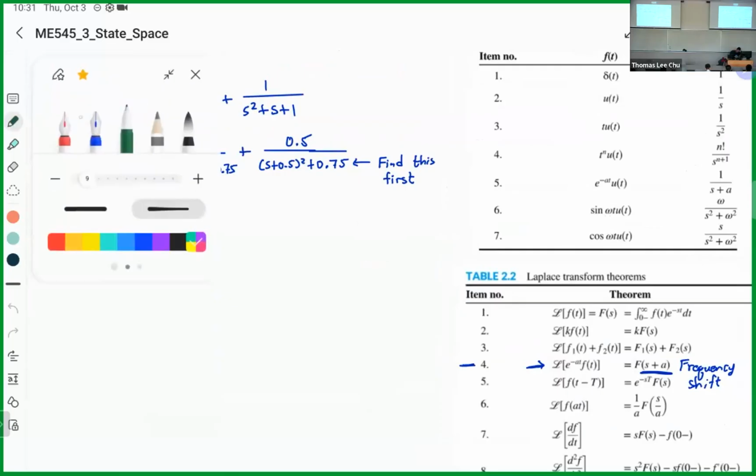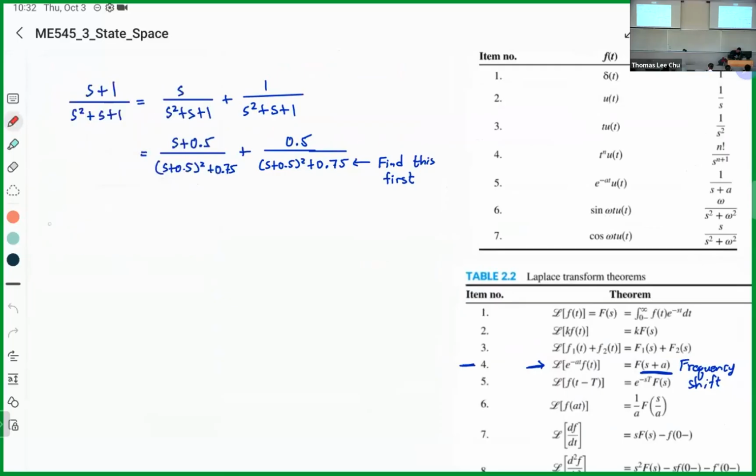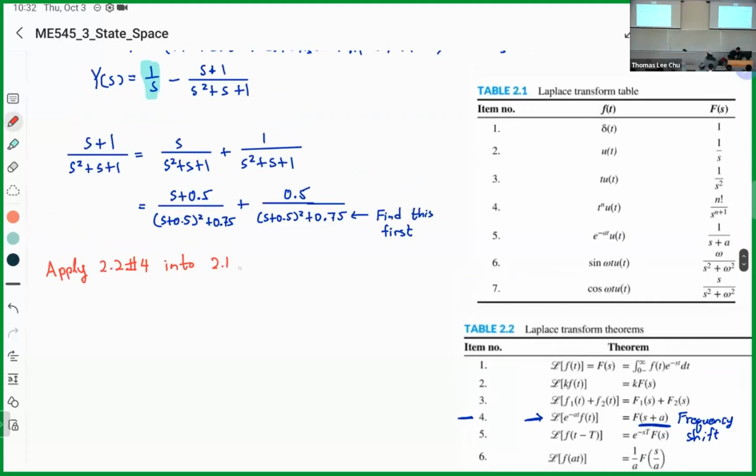If I were to apply property 4 from 2.2 to property 7 in table 2.1, which is this top table here, so if I apply a frequency shift, basically what I'm doing is e to the at cosine omega t.